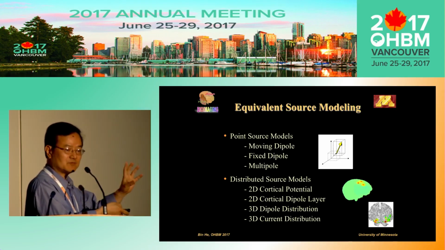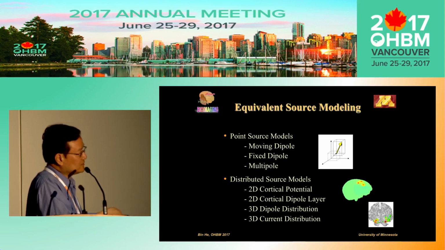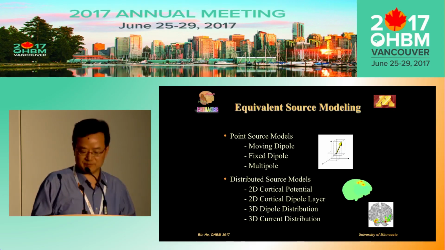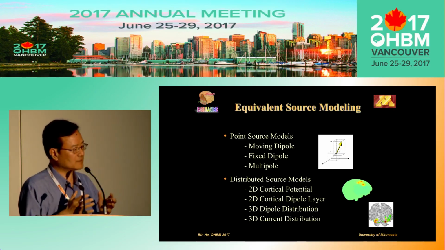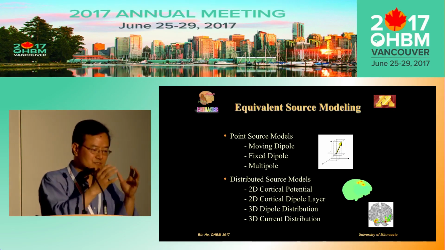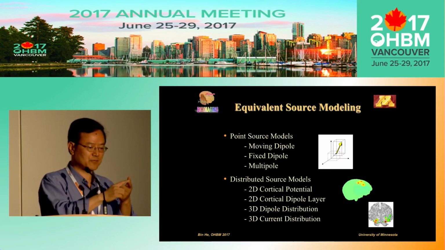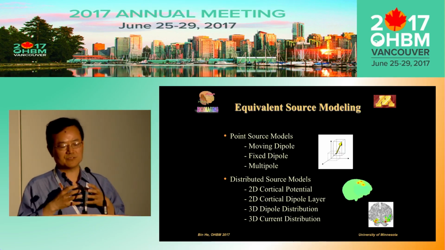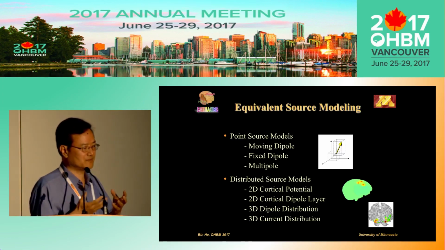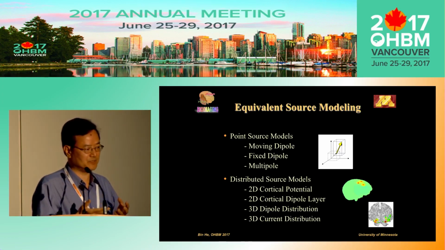But sometimes it works. Now, recently, lots of distributed source models have been developed and successfully established, including two-dimensional cortical source distribution, which could be potential or current density, and then three-dimensional current source distribution, which is the most popular these days, well accepted by the community.